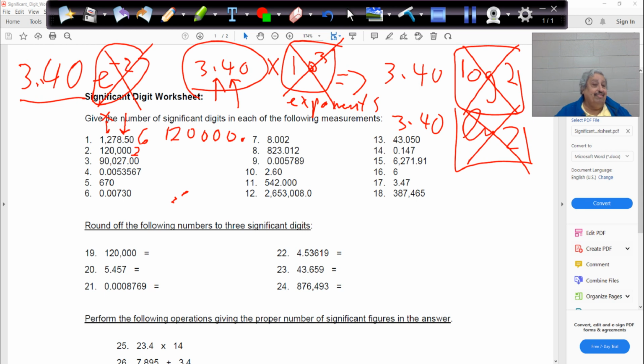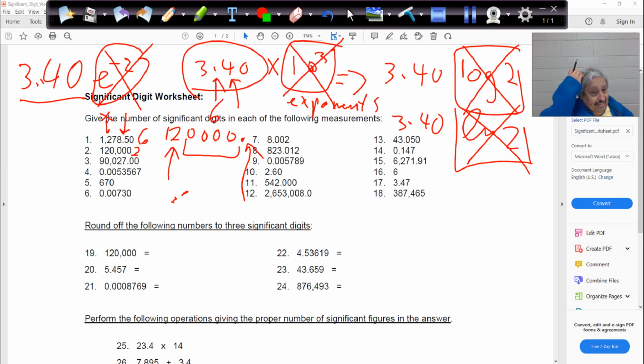How many now do we have? No, not 2, guys. Those zeros are trailing zeros, but are they meeting the conditions? Yes or no? They are coming after a whole exact number, and the decimal is present. So how many do we have here? 6, correct. This one has 6.